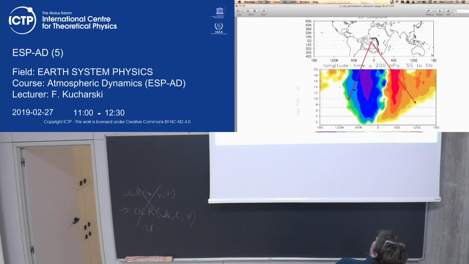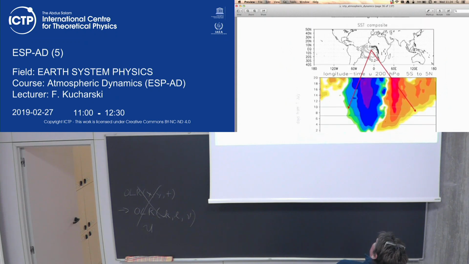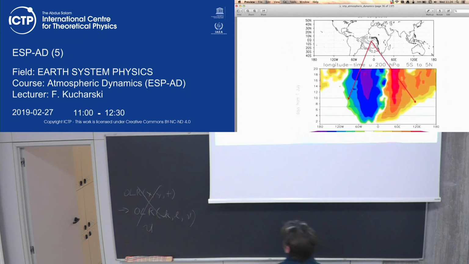Another possibility to see these waves is this, which is actually from a model, and this is now taking the U-wind. We do something much simpler. We have a sea surface temperature perturbation, in this case in the tropical Atlantic.